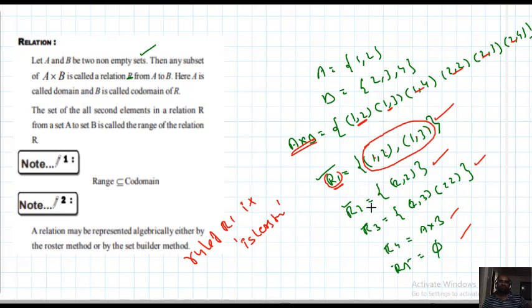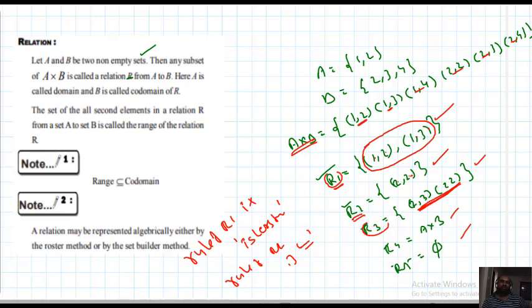Okay. So observe relation R2, only one ordered pair. What is the common rule followed by the ordered pair? Equality. So the rule of relation R2 is equality. Take R3, (2,3), (2,2): no common rule is followed by these ordered pairs. It means there is no common rule followed by the ordered pairs.